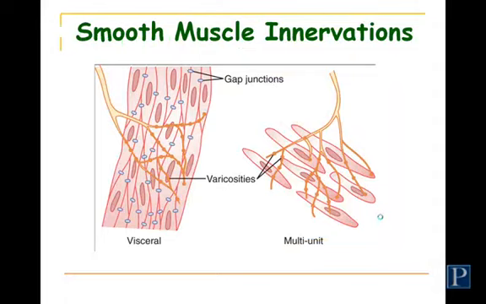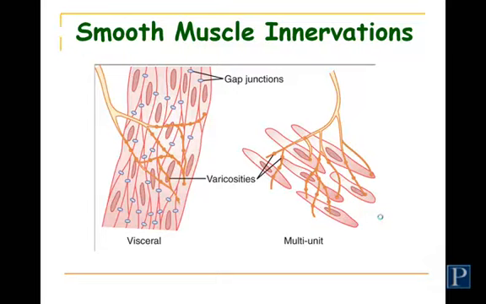Smooth muscle, like cardiac muscle and skeletal muscle, is innervated. It can respond to nervous system stimulation, but there'll be some differences. But before I go on, I do want to emphasize that smooth muscle, unlike skeletal muscle, does not need the nervous system to have a contraction.